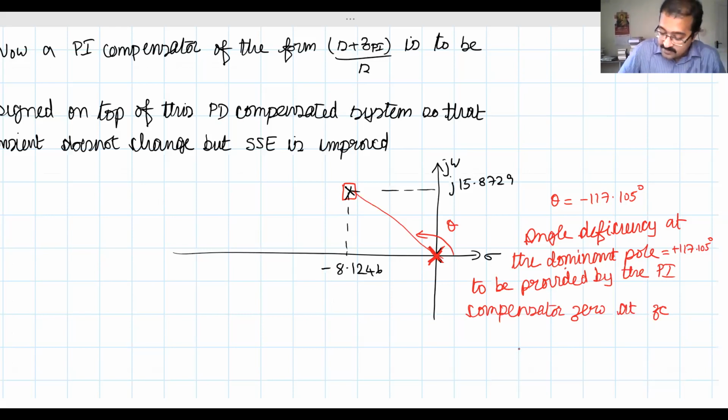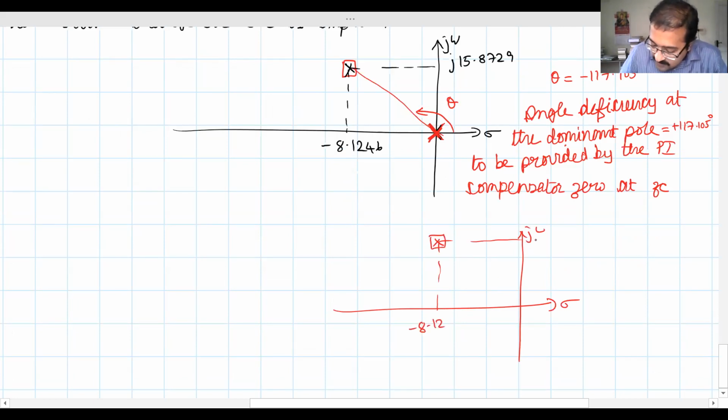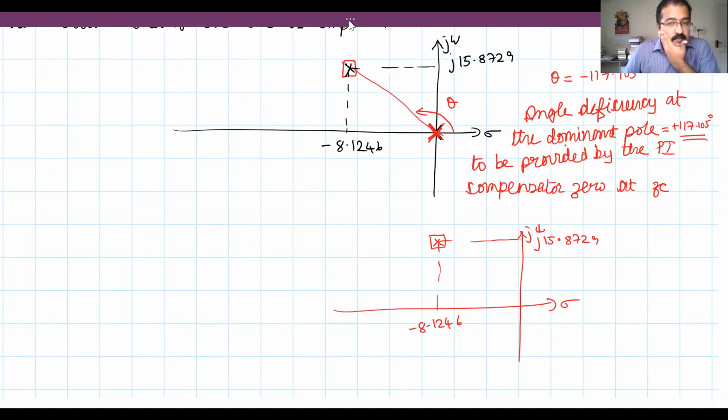On the sigma, j omega plane, the dominant pole is somewhere here. This is minus 8.1246, and this is j 15.8729. So how much is the angle to be provided? Plus 117.105.